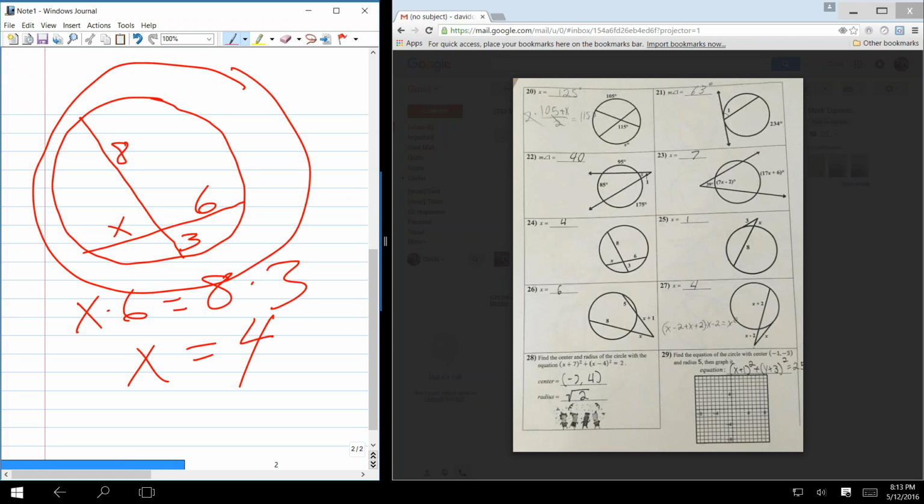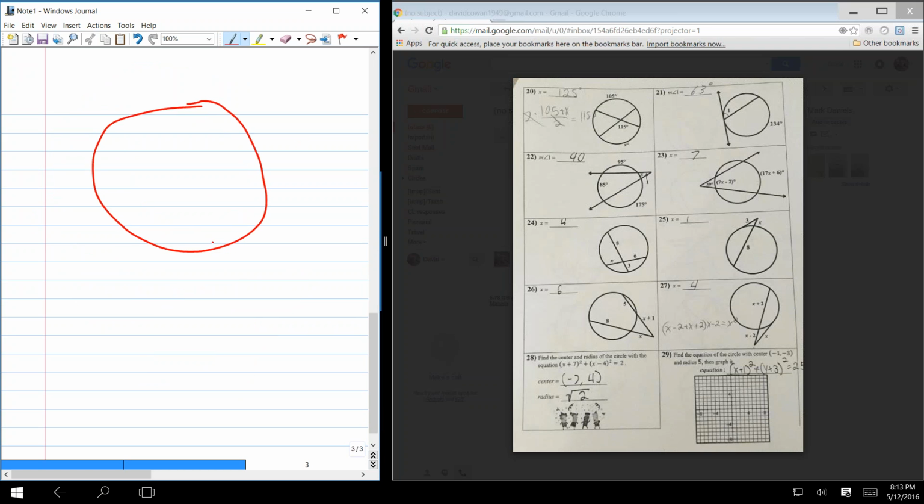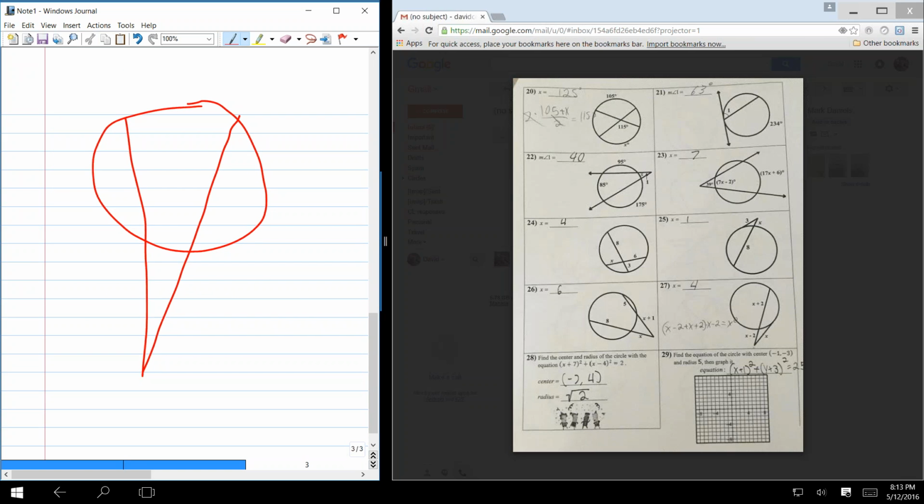It changes when you get the intersection outside of the circle. In other words, if I have two secant lines like that, let's look at 26. That's 8, that's 5, this is x, and this is x plus 1.